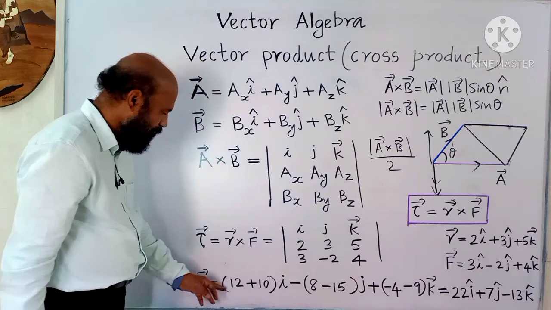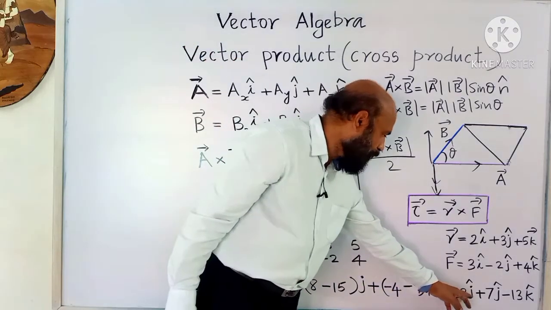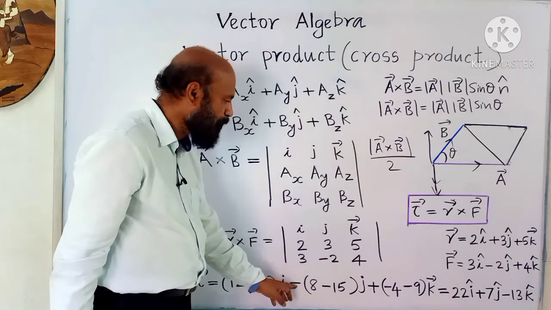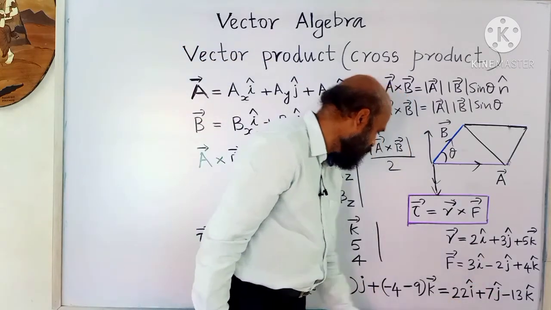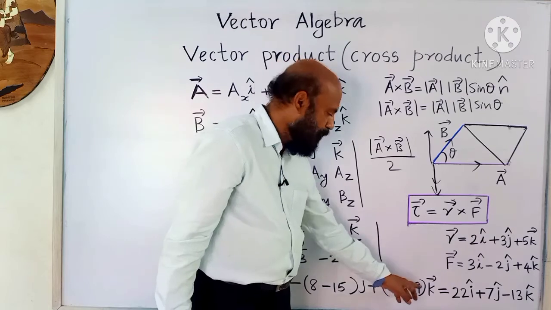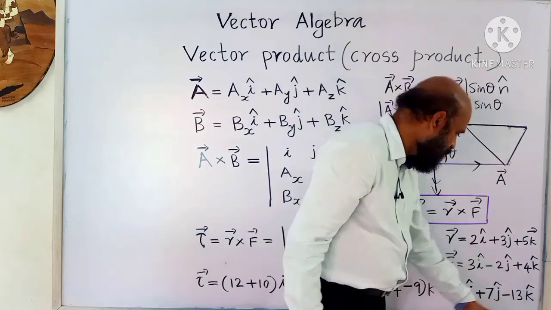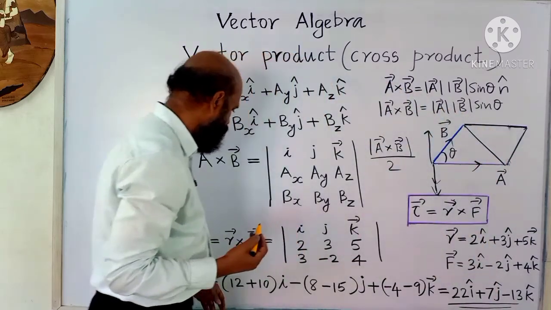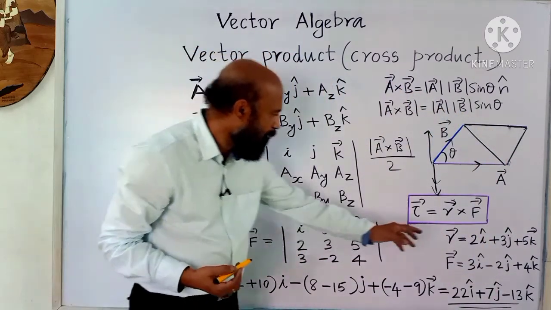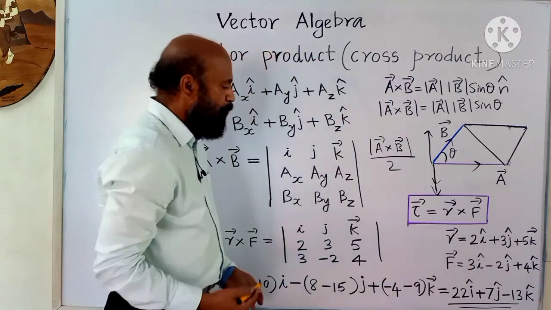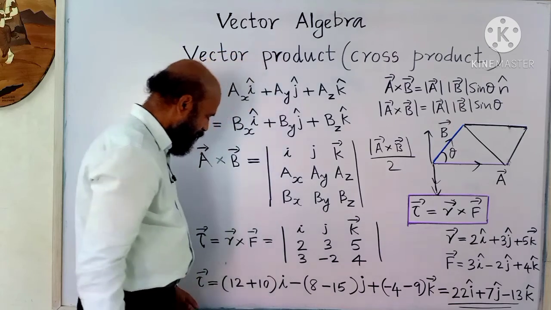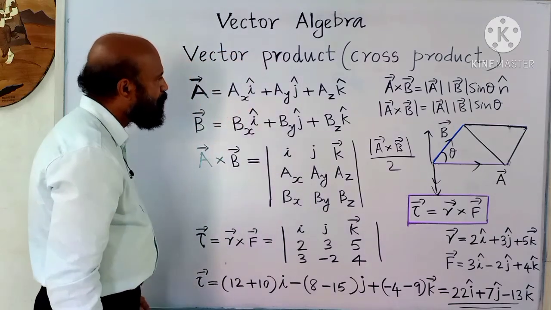So 12 plus 10 gives 22i, 8 minus 15 is minus 7, and with the minus sign it is plus 7j, and minus 4 minus 9 is minus 13k. See, you are getting a vector. You took two vectors, r vector and F vector, and what you get is also another vector. So torque is a vector quantity.